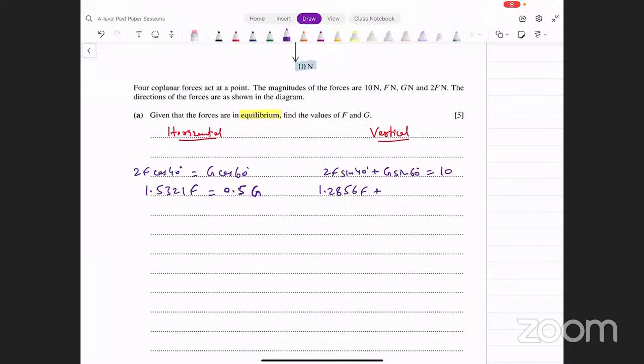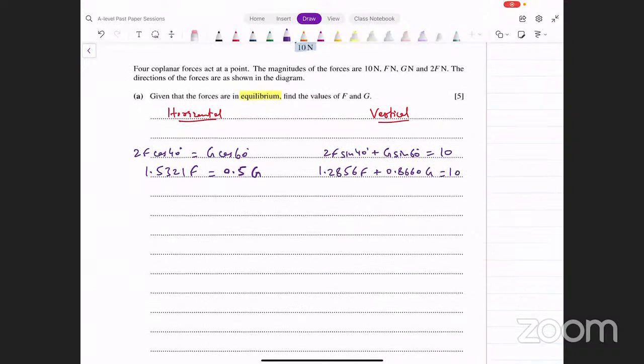Sin 60 square root of 3/2 होता है. But I'm going to write that in decimals as well. बाकी सब decimal में लिखे रहे हैं. That gives me 0.8660 g, and that equals 10. ठीक है, आप किसी भी एक इक्वेशन से एक वेरिएबल को सब्जेक्ट बना दें, दूसरे में जाके इनपुट कर दें.